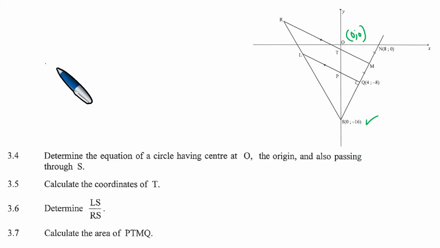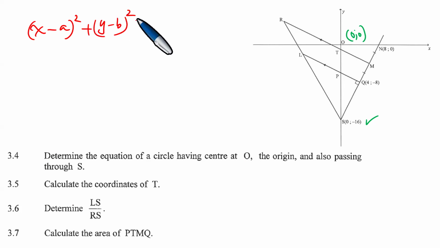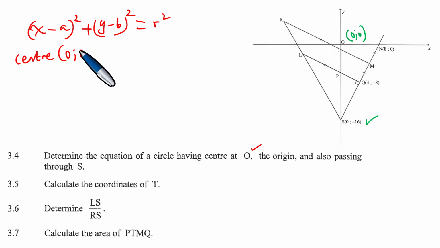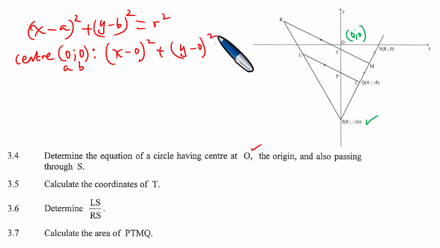To find the equation of that circle, we say x minus a squared plus y minus b squared equals r squared, where the center is a, b. The center is 0 and 0, giving us a and b.